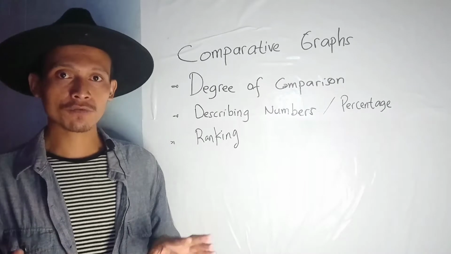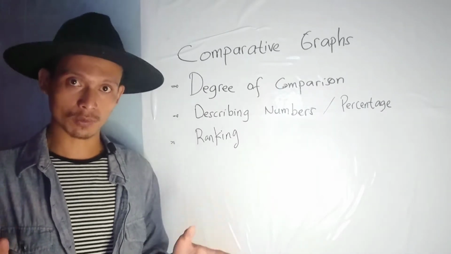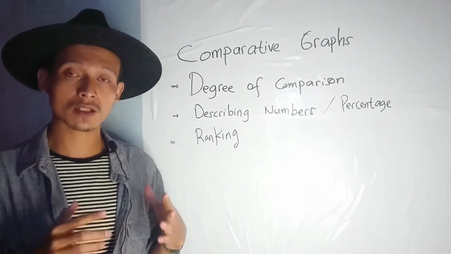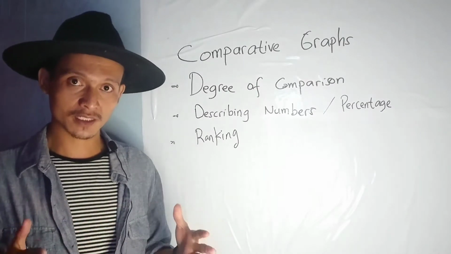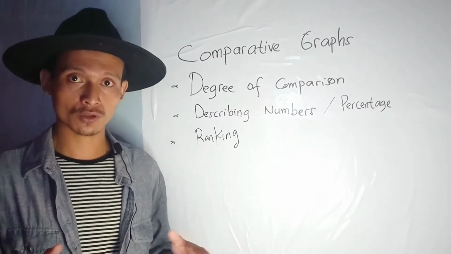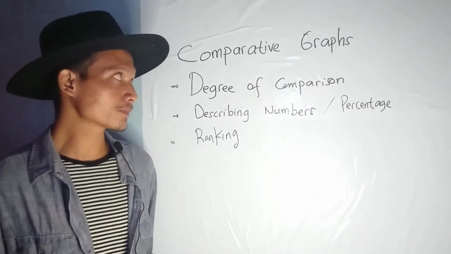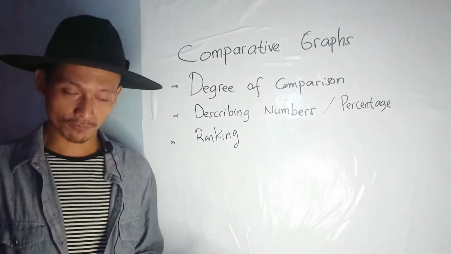If you get a pie chart, table, or bar graph with more than one time period, you are going to be using the concept of graphs with trend, which I've discussed earlier on this channel, so you might as well check that video. Alright, so let's discuss the comparative graph.